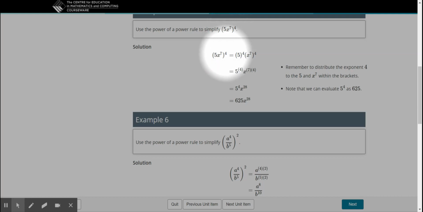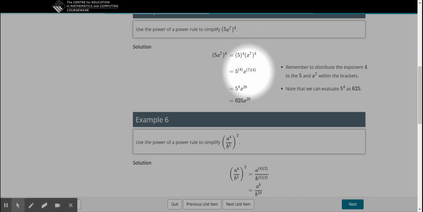So let's take a look at what happens in this case. The exponent for the 5 is 1. It's implied. We know the exponent for the x is 7. So our first step would be to rewrite this as 5 to the power of 1 times 4, and x^7 to the power of 4.